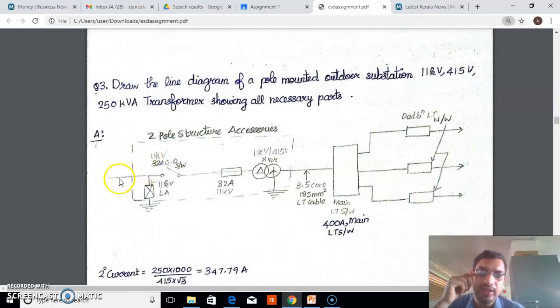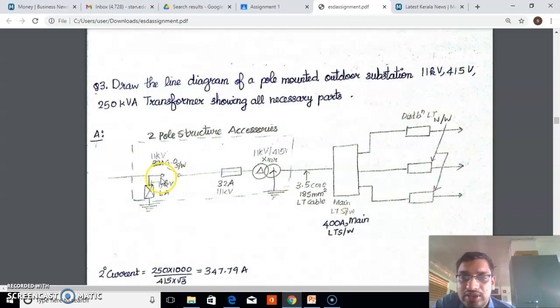In this diagram, the supply is coming from the utility side, that is 11 kV. First you install a lightning arrestor, 11 kV. The function of the lightning arrestor is to protect the system from the over voltage of lightning.